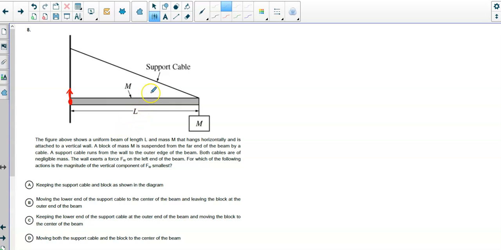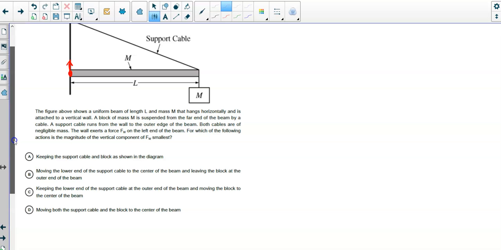Alright, so keeping the support cable and the block as shown in the diagram is one option. But that means that this guy is supporting a lot of the weight of the bar, I believe. Moving the lower end of the support cable to the center of the beam and leaving the block at the outer edge of the beam.